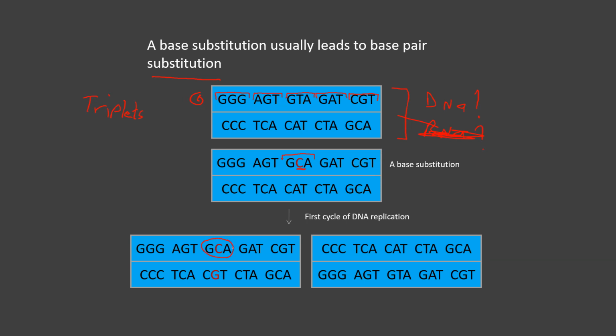Sometimes you can have a change in a triplet and that change does not actually affect the amino acid that is asked for, right? And that, of course, is a missense mutation, but we'll talk more about that later. Just remember right now, substitution mutation: you're swapping one of the bases for another base in the codon, in the triplet, sorry. Simple as that, right?